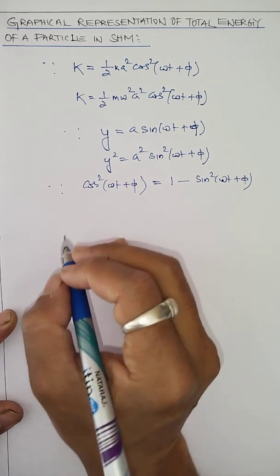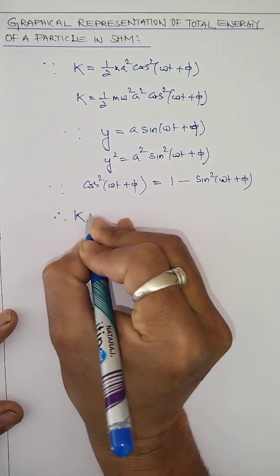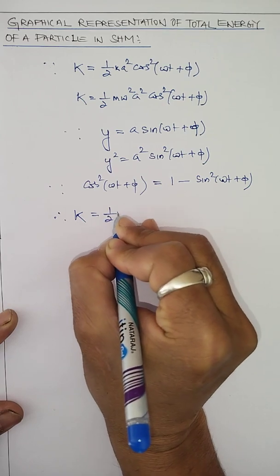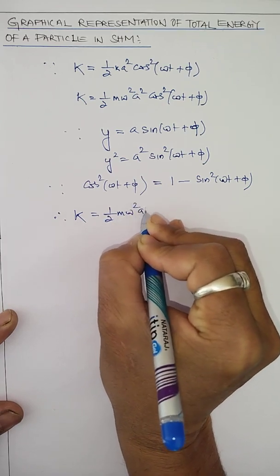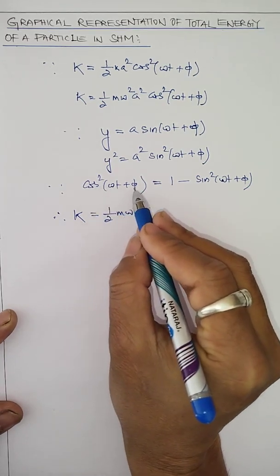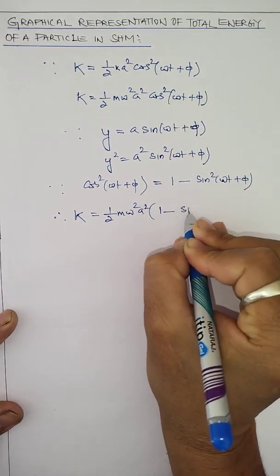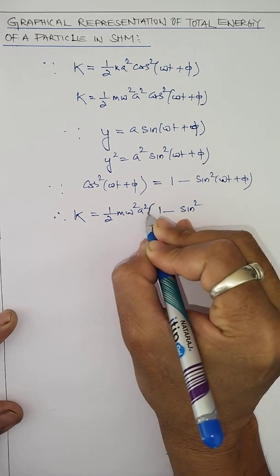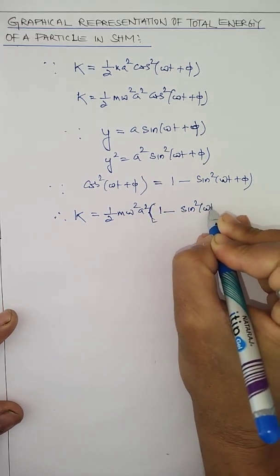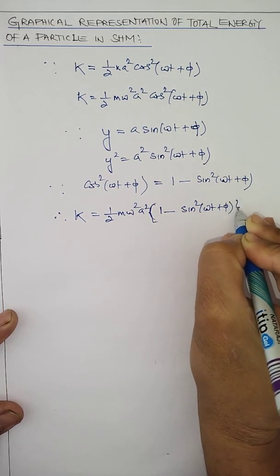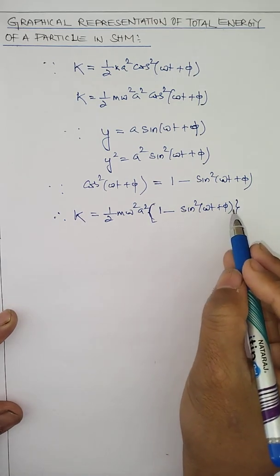Now I write the relation as k equals half m omega square a square, and this cos square (omega t plus phi) I put in the relation, so it will be 1 minus sine square (omega t plus phi). Now what is sine square (omega t plus phi)?